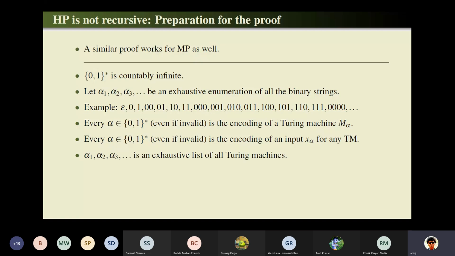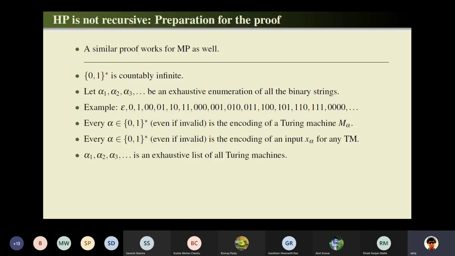Since alpha 1, alpha 2, alpha 3, dot dot dot is an exhaustive list of all binary strings, this is also an exhaustive list of all Turing machines and all inputs. Every Turing machine, if encoded properly, will appear as some alpha.